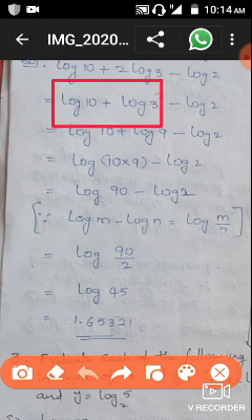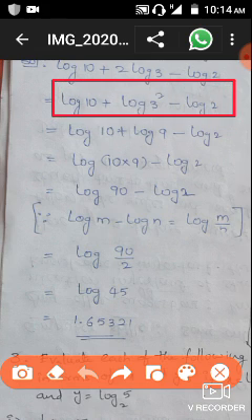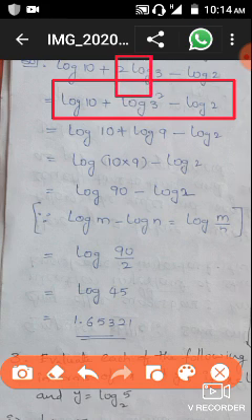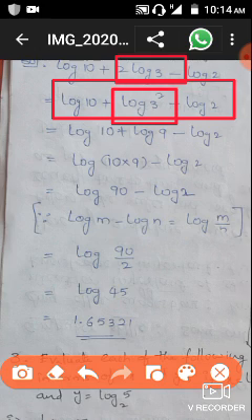Next, second step: log 10 as it is, and the second term 2 log 3 I am writing as log 3 power 2, in the form of log.